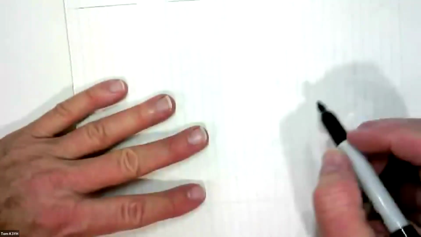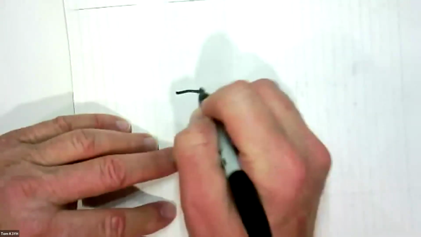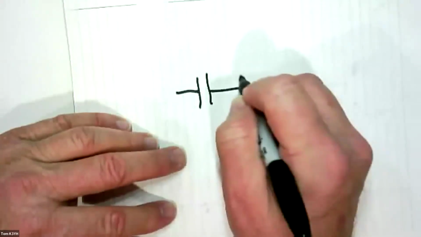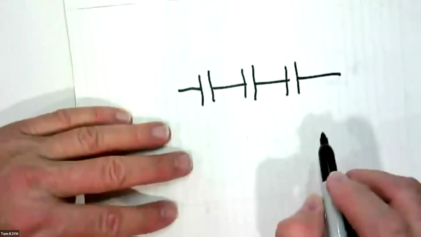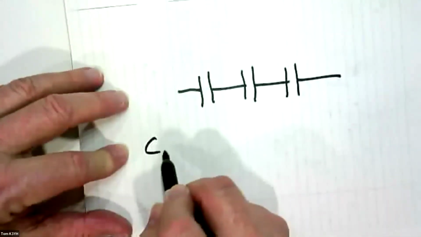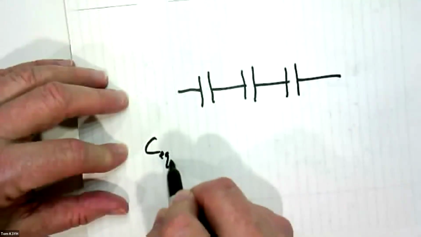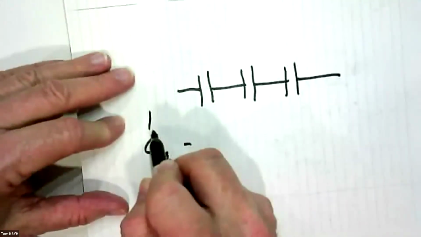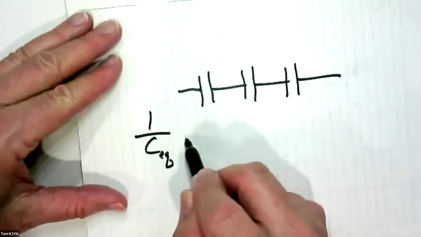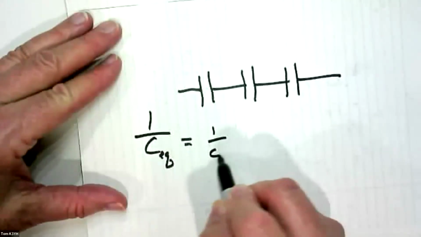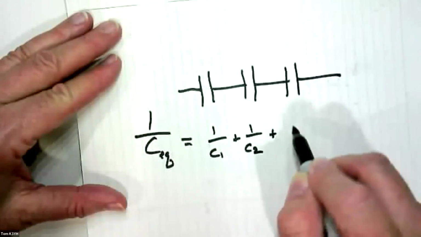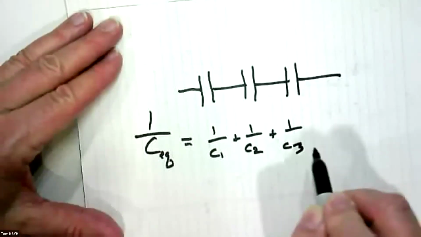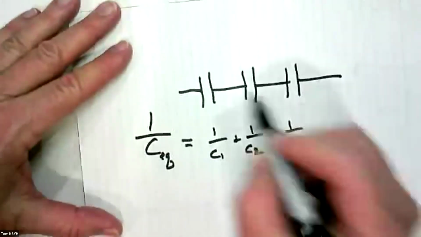I had 3 capacitors in series. So for capacitors, the capacitor equivalent is 1 over C equivalent is equal to 1 over C1 plus 1 over C2 plus 1 over C3. It's helpful here that they're all the same.